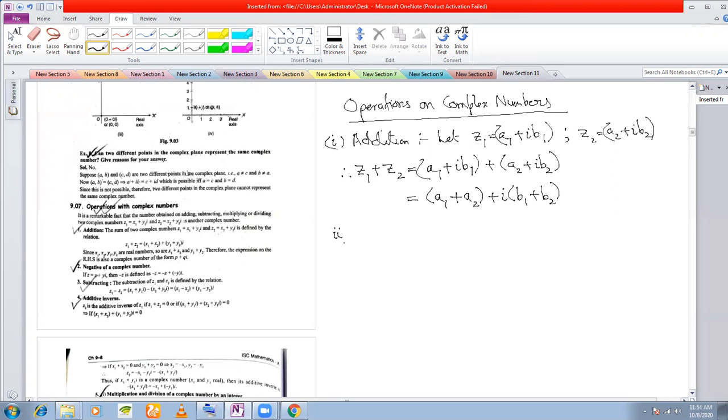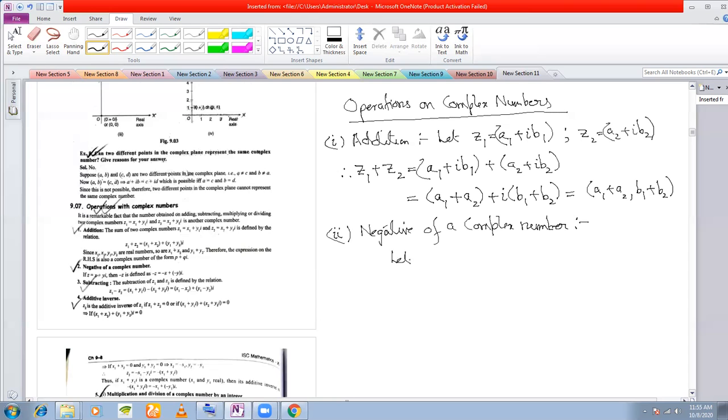Remember that this can also be written as (a1 plus a2, b1 plus b2) as an ordered pair if you want to write. Next is the negative of a complex number. What do you mean by negative of a complex number?